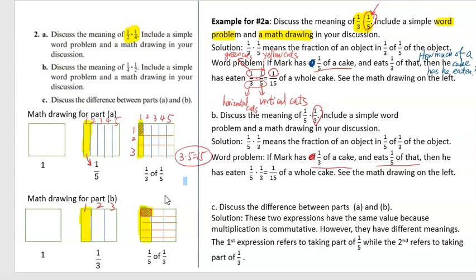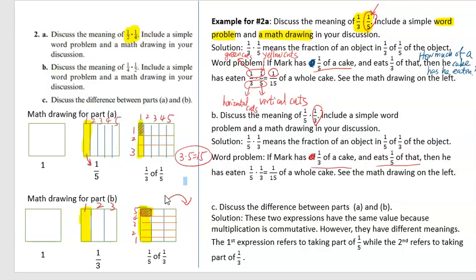As you can see, the drawing looks different, but if you turn this square 90 degrees, it's going to become, 1, 2, 3, 4, 5, 5 columns and 3 rows. So it's going to be the same as that one there.